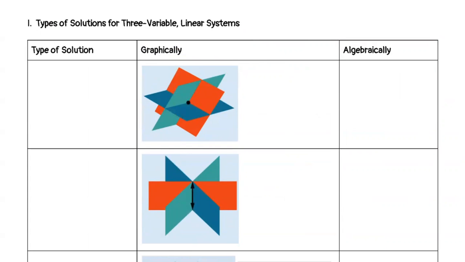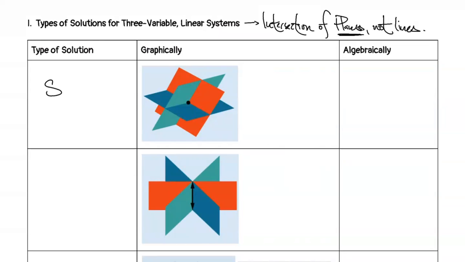And so we want to note right here that we're looking for intersection of planes, not airplanes. So planes like a sheet of paper, not that thing that flies in the sky, okay? And this first picture actually tells us what a single solution looks like, right? So the single solution is right in there. Three planes intersect at one point.